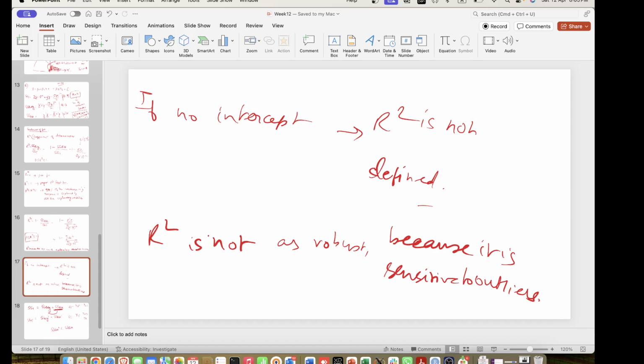But if there is an intercept and we want to assess fit with the help of r square, maybe we can apply some sort of transformations, but we'll have to be extremely careful to check if the transformed variables and transformed r square are actually comparable with the original r square.